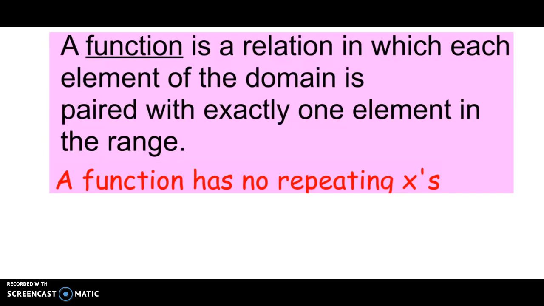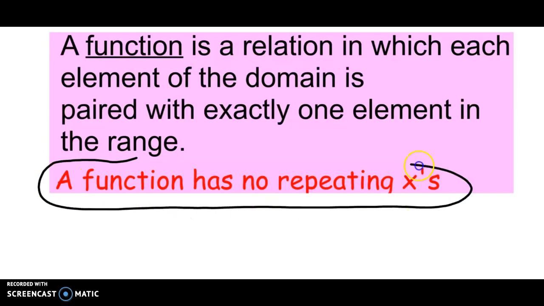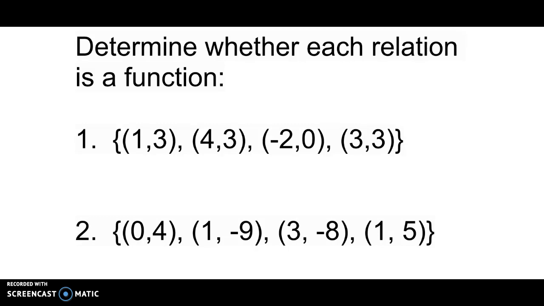All right, so remember now we're going to talk about functions. Functions are special relations, right? They don't have any repeating x's, whether it's in a table or a list. You don't want to have any repeating x's. So this second one is not a function because it has repeating x's.